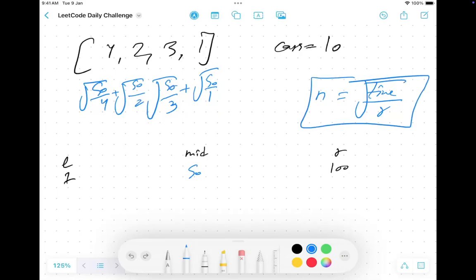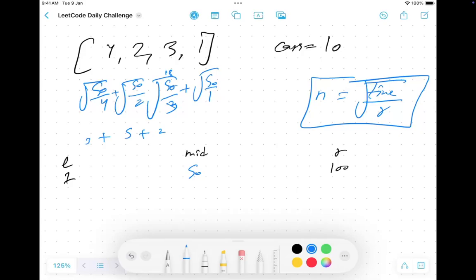So we have taken this, and what is this value? 50 by 4 is 12 point something, its root is 3 point something. 50 by 2 is 25, which is 5, and 50 by 3 under root is 4 point something.